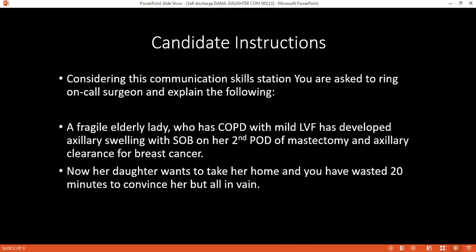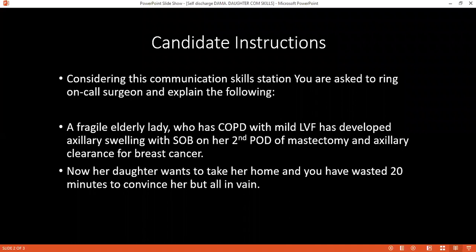Have you done any mini mental scoring, or any abbreviated test? Yes, she is not able to make her own decision. So I've told the daughter that if she so insists that she wants to take her mother home, she has to sign some legal documents for me before I will allow her to go home against medical advice, because ideally the mother should be in the hospital.